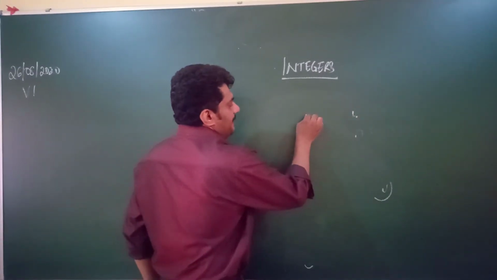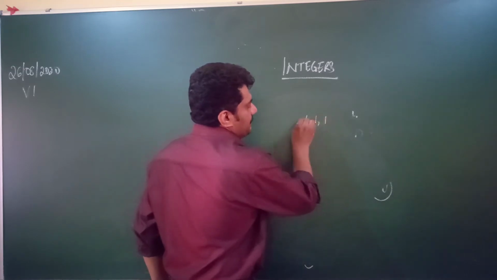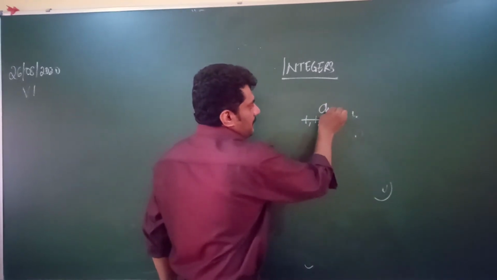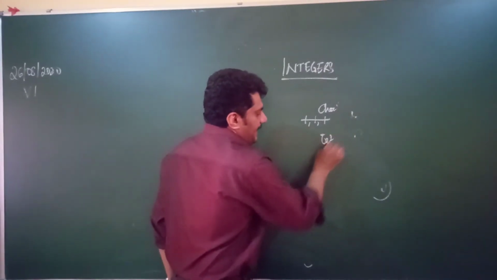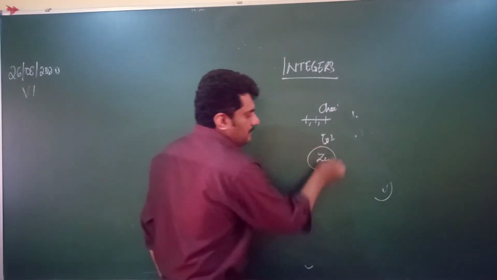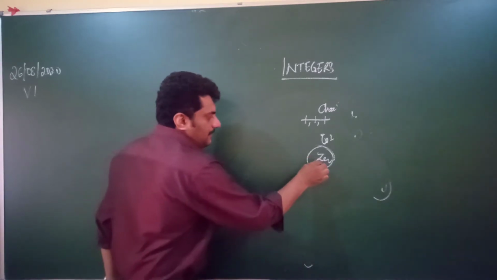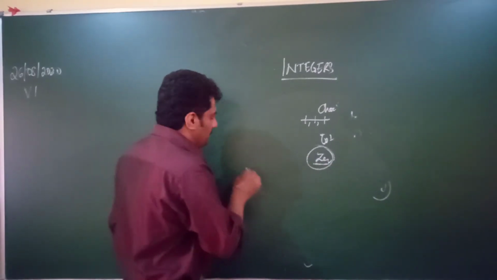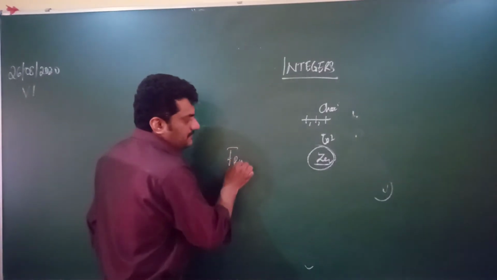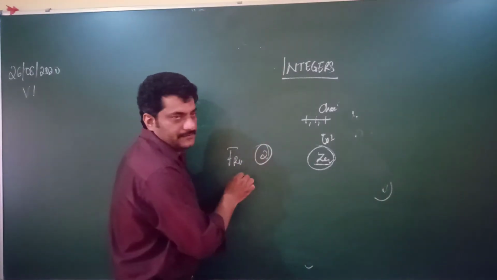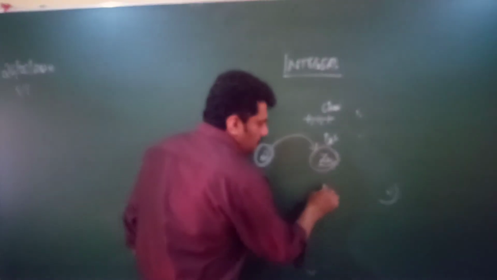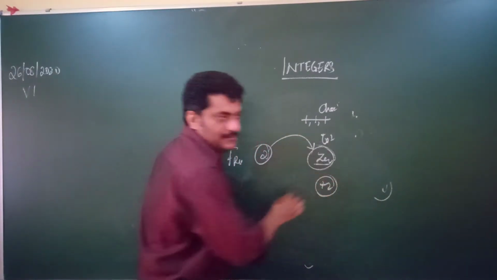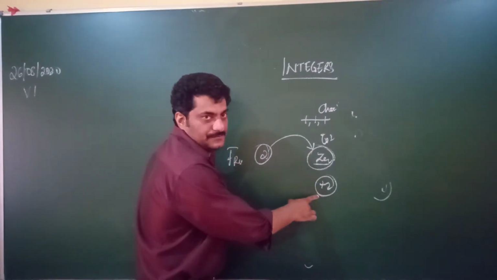For example, I have 3 chocolates. You eat them off and it becomes 0. Now from 0, your friend comes, you ask for 2 chocolates and he gives you 2 chocolates.